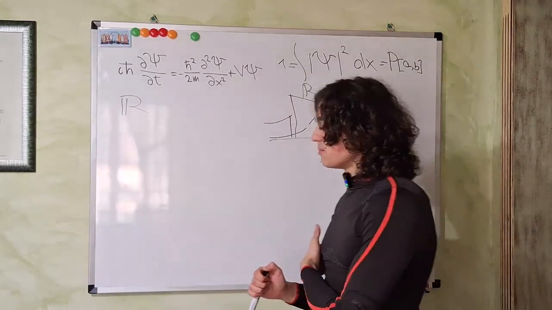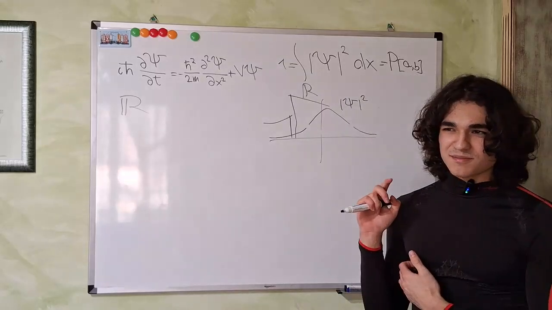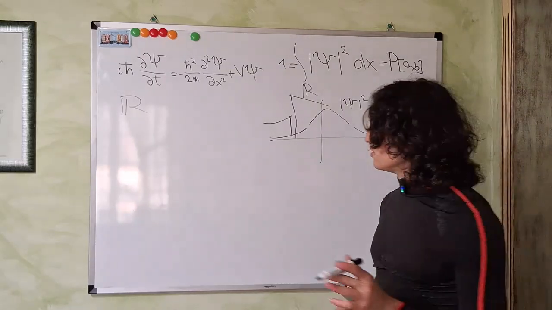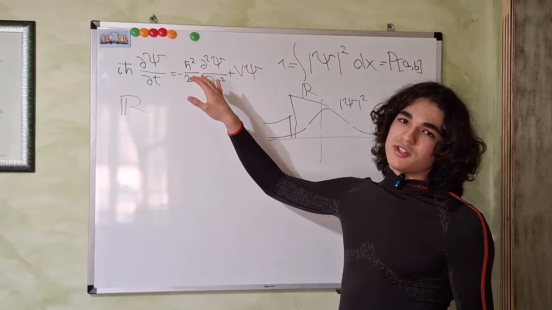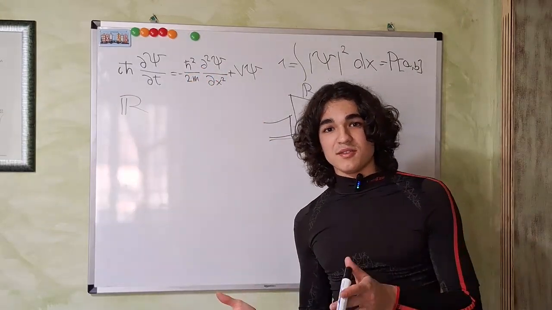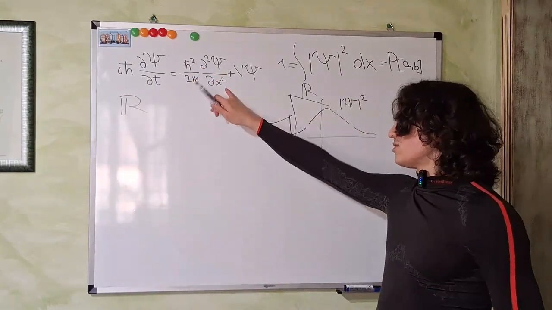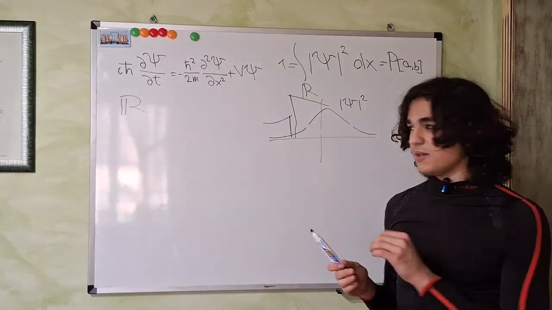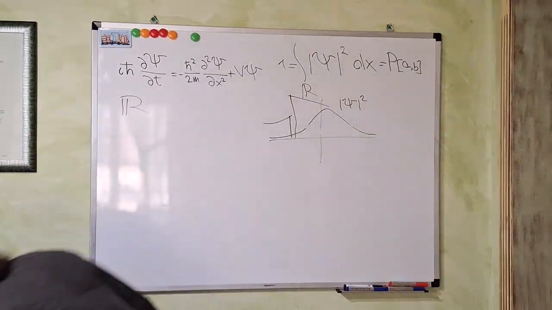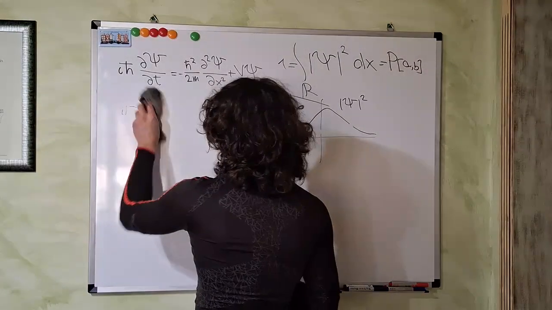And this is a very important property. Now, there's something I haven't told you. When the potential is infinite, although the wave function is continuous, the first derivative of the wave function with respect to space, obviously, is not continuous, but only when the potential is infinite. But we'll see that in more detail later on.